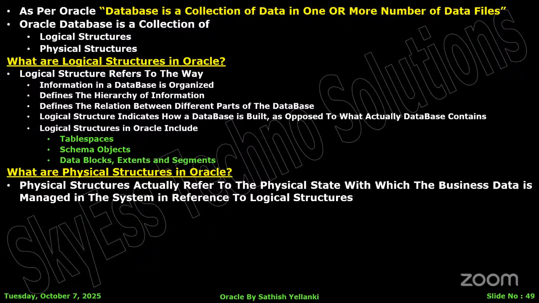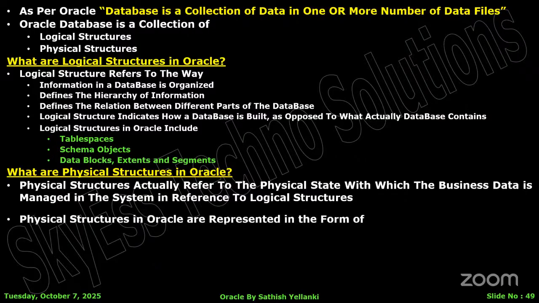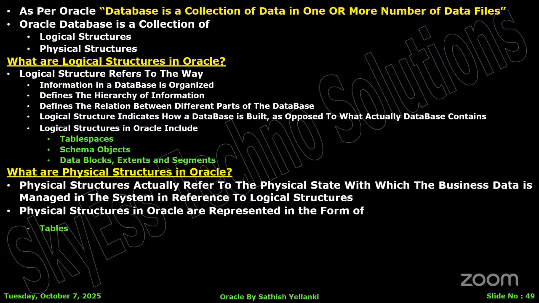So physical structures are what the developer will create and operate. Logical structures are components coming from the Oracle Corporation. Your physical structures in Oracle are represented in the form of tables, indexes, synonyms, sequences, views, materialized views, and database files, which we will definitely be learning as the process continues.